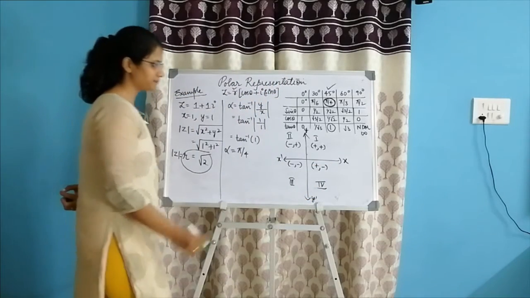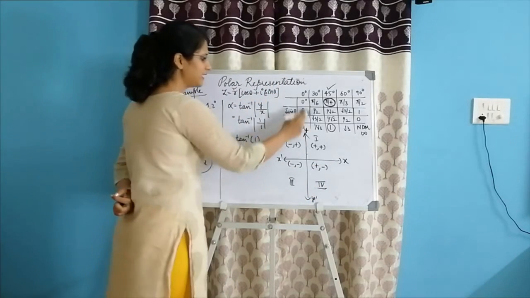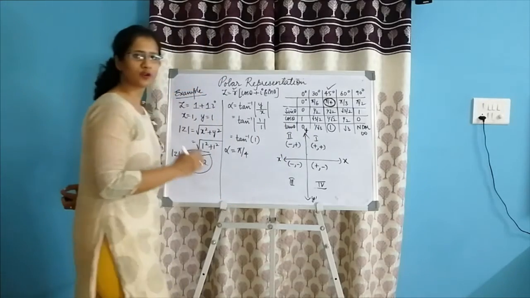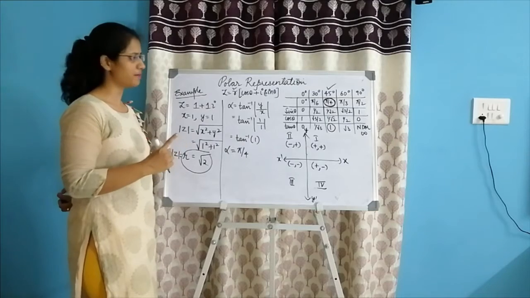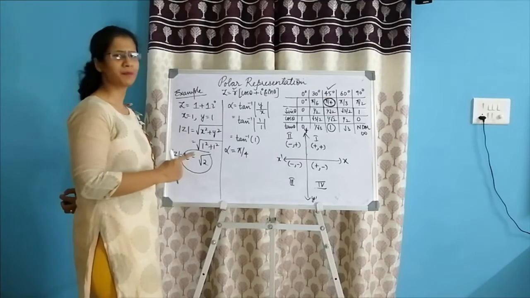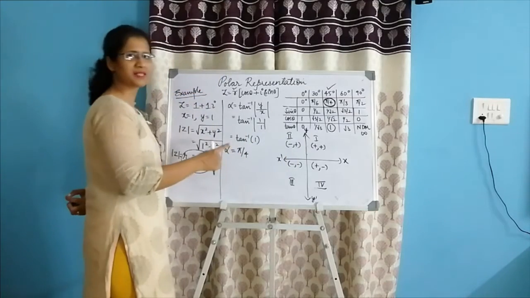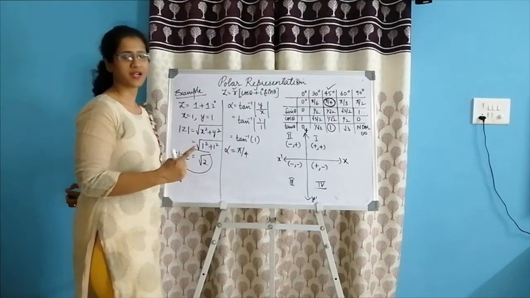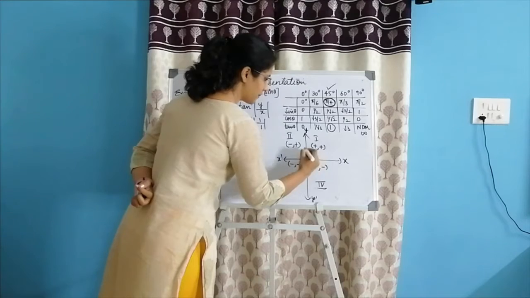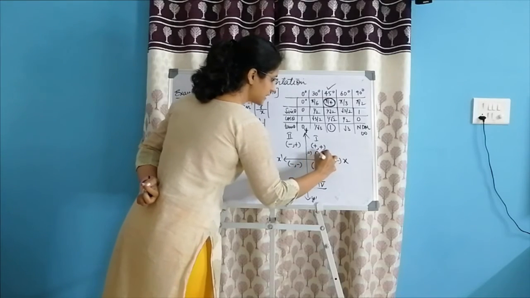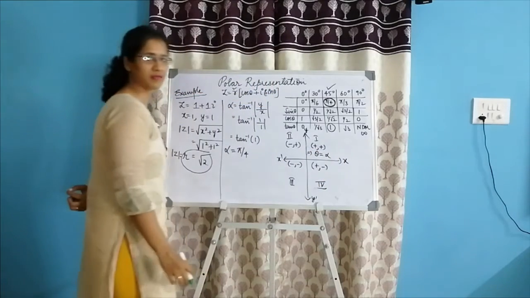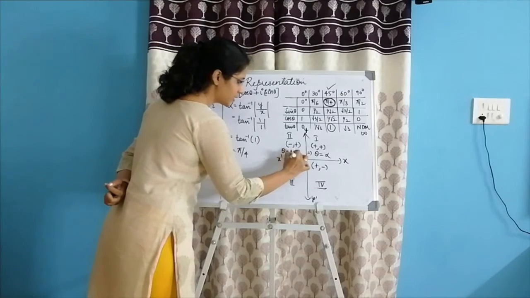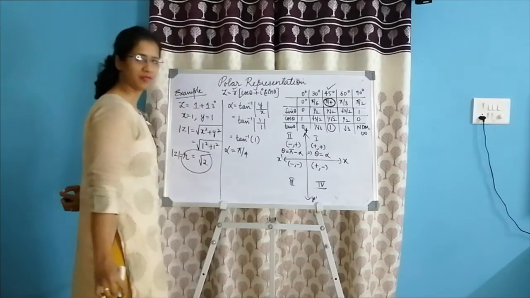Okay. But when I come to my theta representation in these four quadrants, please make a note of this and have it in your minds, my dear learners. Very, very important. If you do not know this representation, then proceeding further becomes very difficult. So understand and have it in your minds. In the first quadrant, theta is equal to alpha. Okay. In the second quadrant, theta is equal to pi minus alpha.